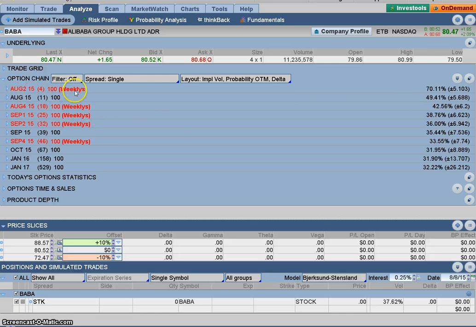You can see that the earnings week, which is this week, implied volatility is at 70%. Now look what happens next week. We announce earnings, implied volatility goes away, and look how next week the market has priced it in at 49.41% volatility. That's a 21-point drop in volatility.